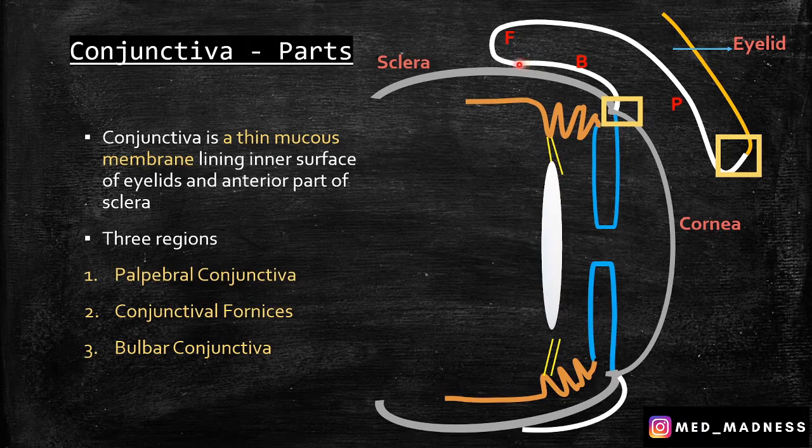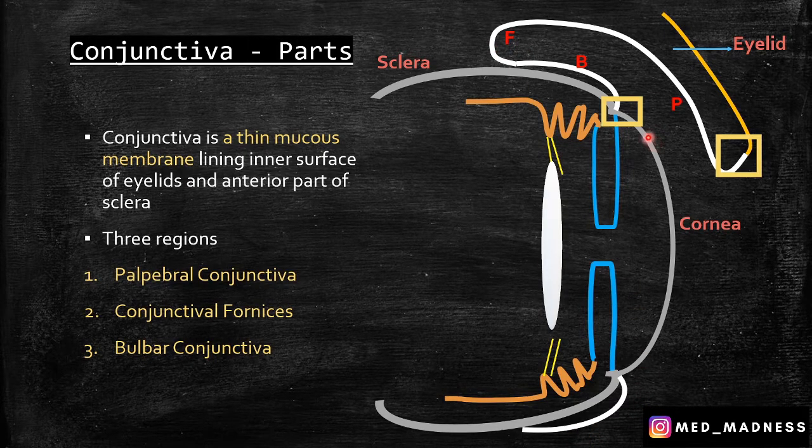And this gets reflected over to the back of the eyelid. So the palpebral conjunctiva lines the posterior part of the eyelid. And this is the conjunctival fornices. So this is the superior fornix, and inferiorly you have inferior fornix. I have not shown here.